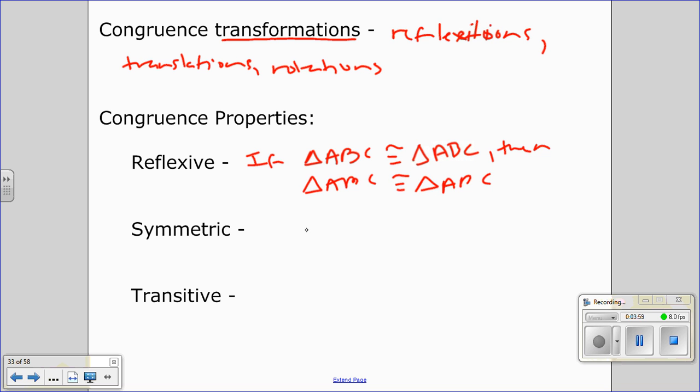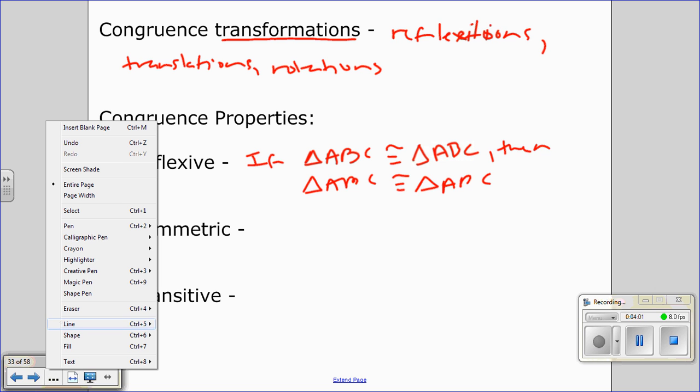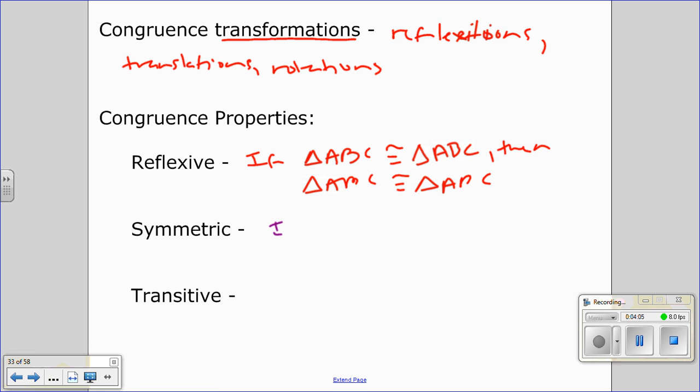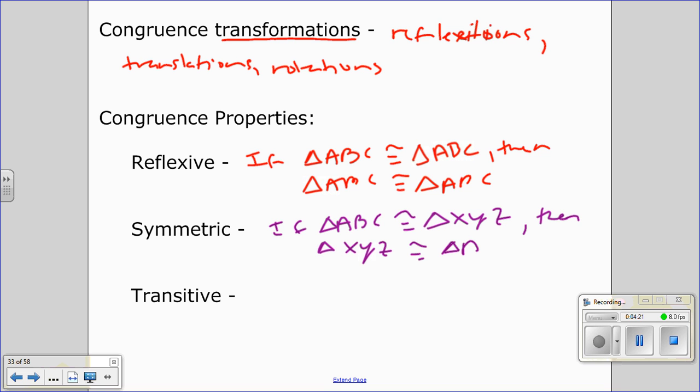You'd expect to see the same thing on both sides. Symmetric, however, says if triangle ABC is congruent to triangle XYZ, then triangle XYZ is congruent to triangle ABC. Symmetric, that means to switch.